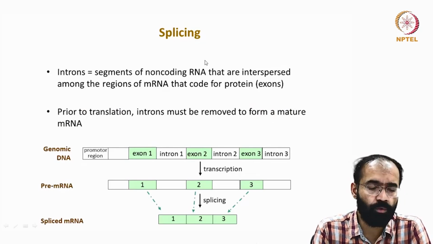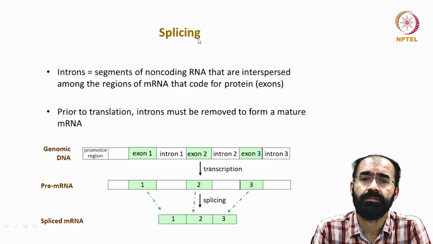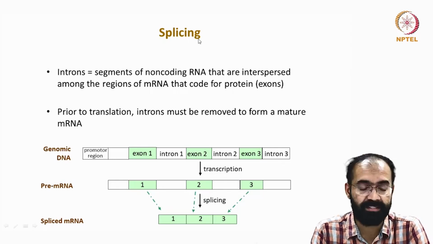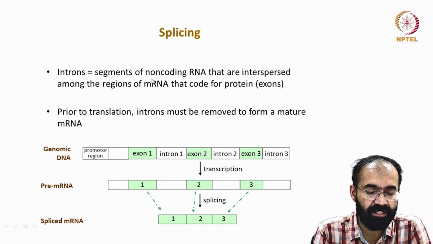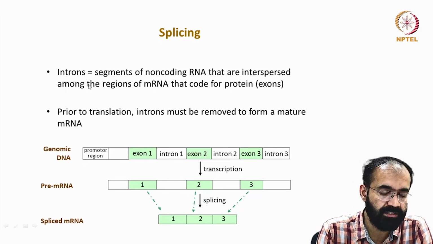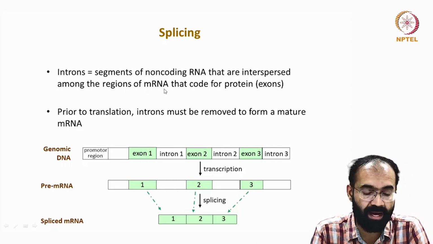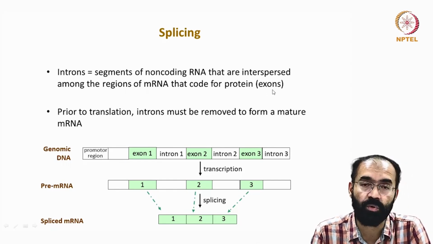Let us quickly look into what splicing is and why it is important. Introns by definition are segments of non-coding RNA that are interspersed among the regions of mRNA that code for protein, which we usually refer to as exons.